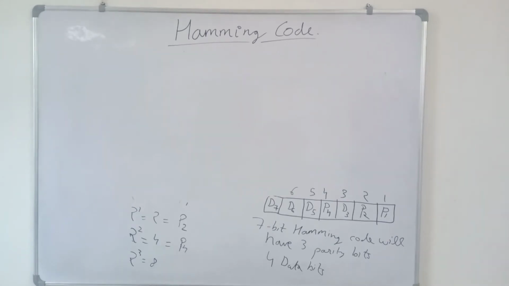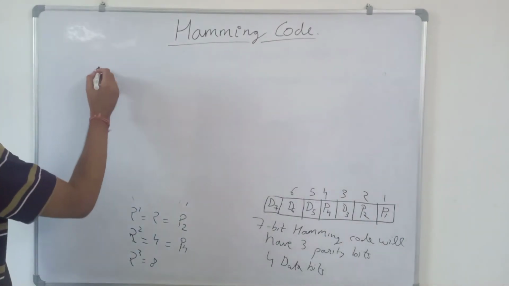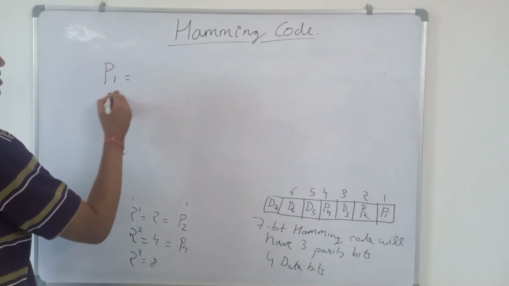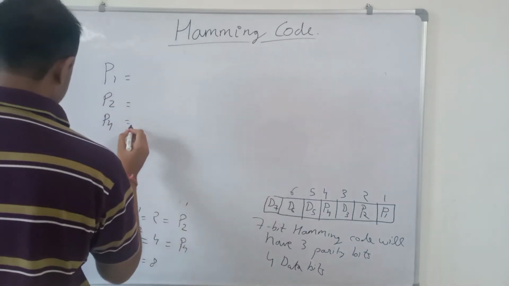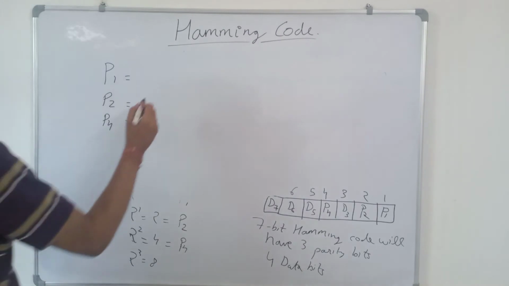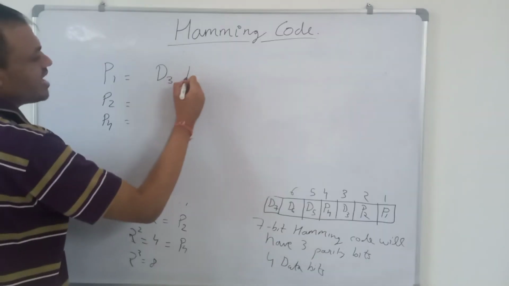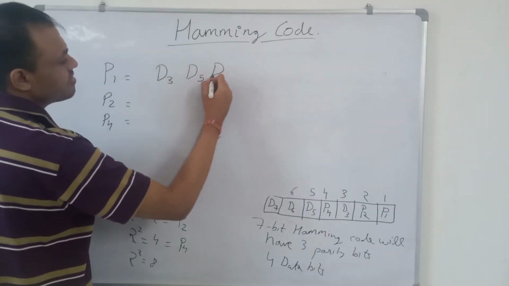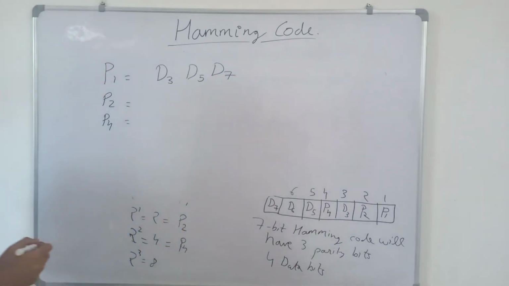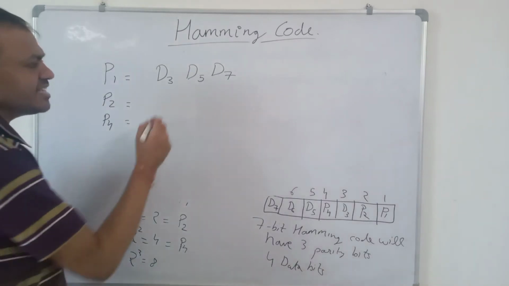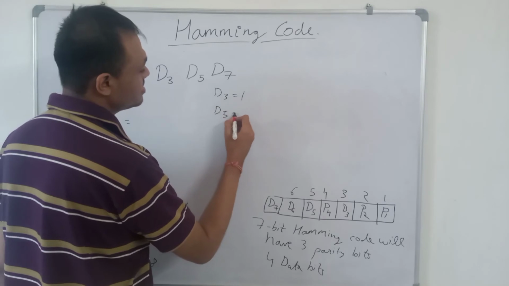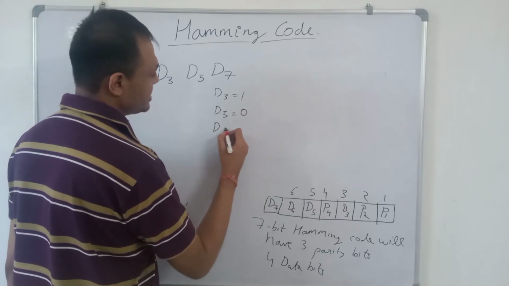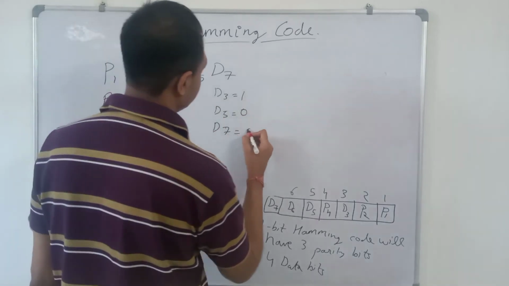Now we have 3 parity bits, P1, P2 and P4. P1 is decided by data bits D3, D5 and D7. Suppose we are following even parity and D3 is 1, D5 is 0 and D7 is 0.